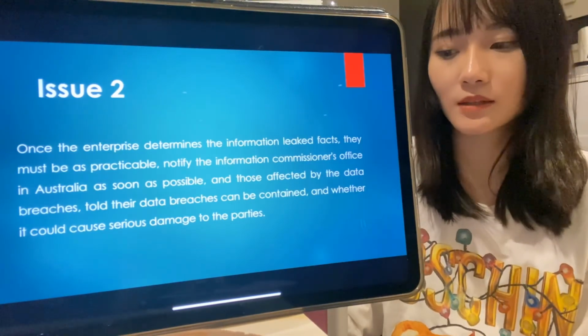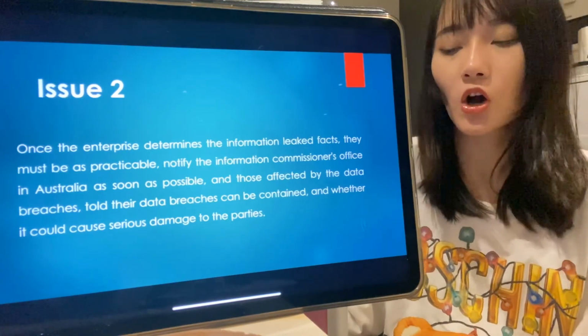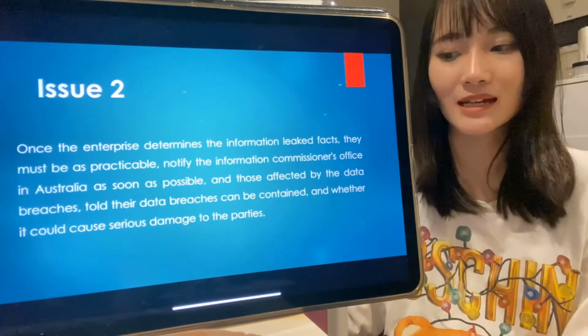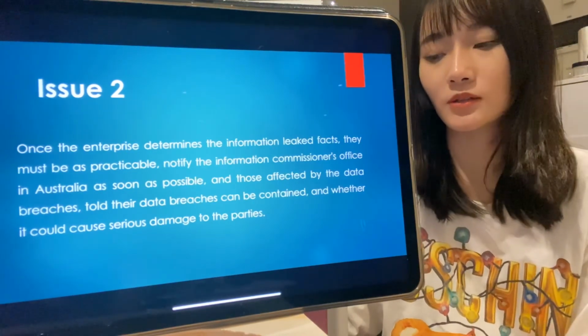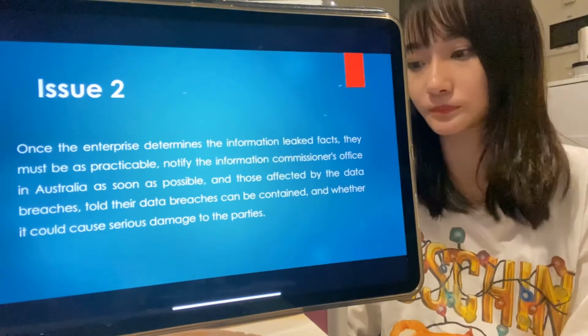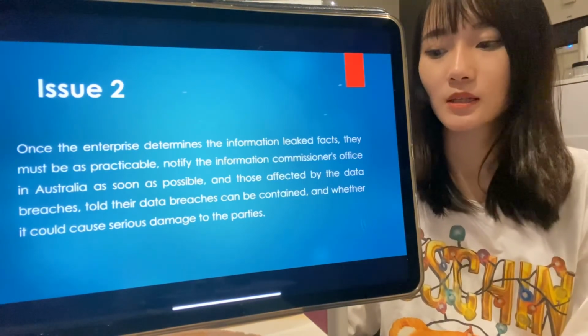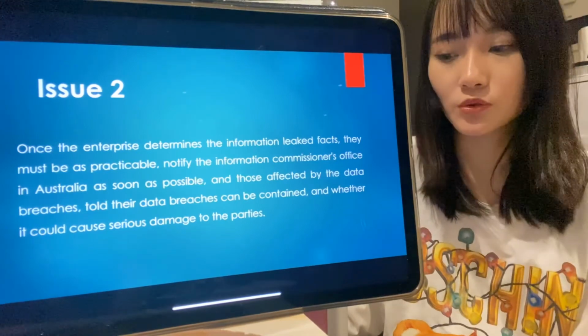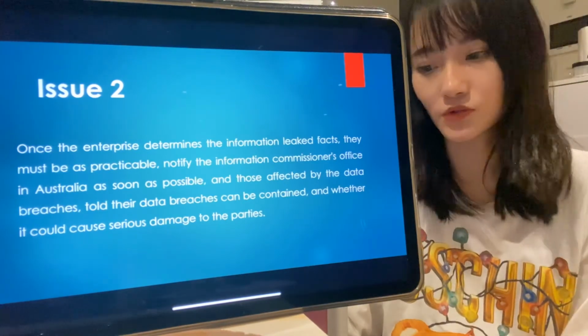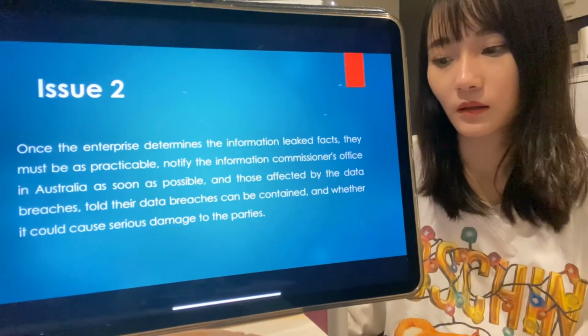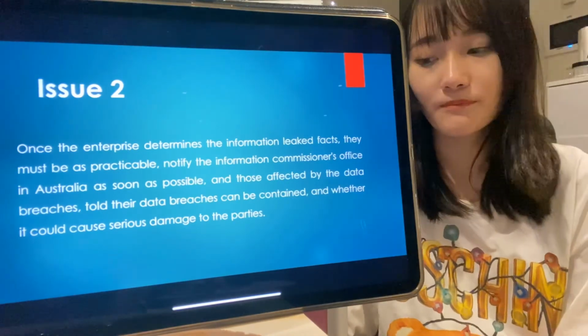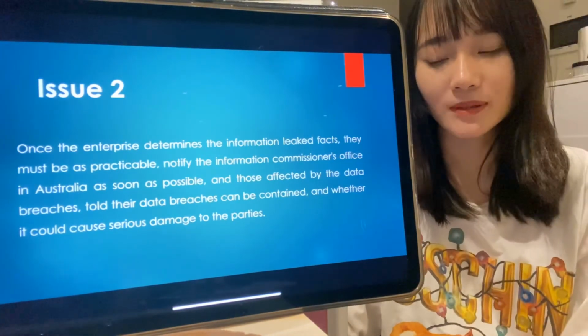The report also found that most health sector data breaches were the result of human error, particularly sending personal information to the wrong email address or mailing address, and missing documents or storage devices.